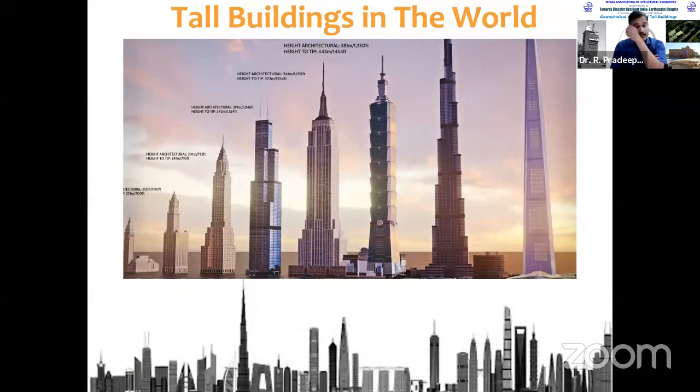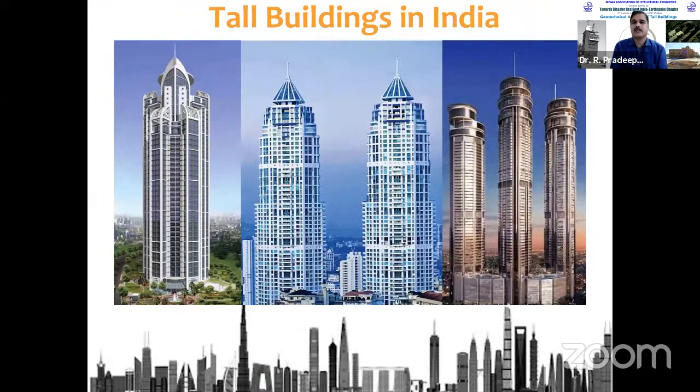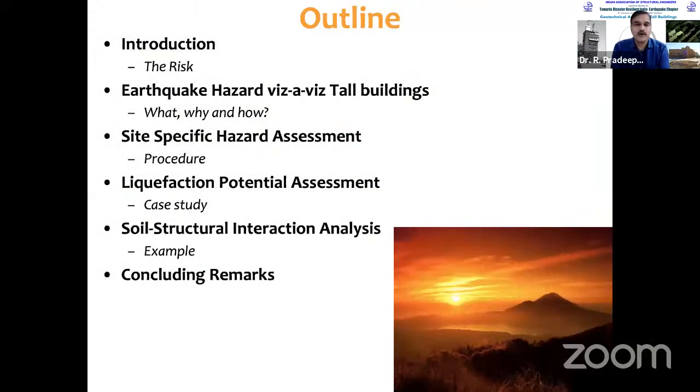So, tall buildings in the world, and then this slide speaks about tall buildings in the country. Now, what I'm going to talk about today: a brief introduction to risk, then what is earthquake hazard vis-a-vis tall buildings, and then we are going to understand site-specific hazard assessment, liquefaction potential assessment, and soil structure interaction analysis.